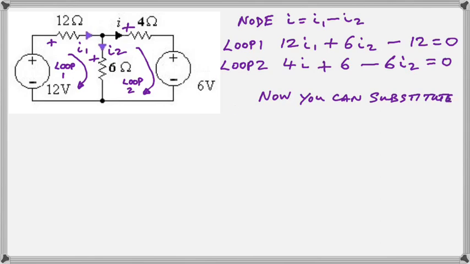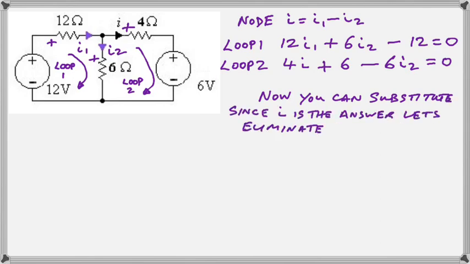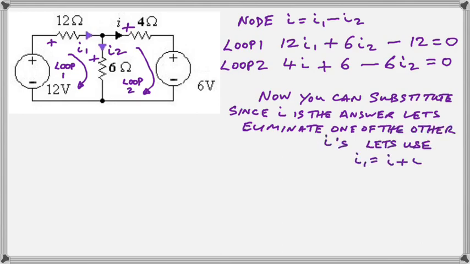So we can substitute I. As you can see, it's not very helpful, so we rearrange that node equation so that the I is going to remain in our final 2 equations.